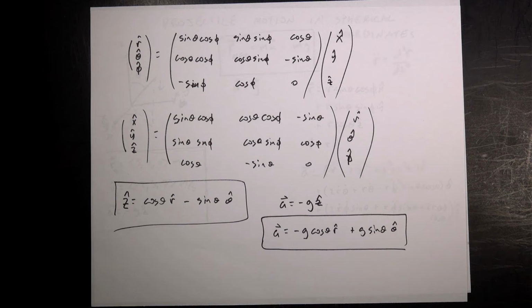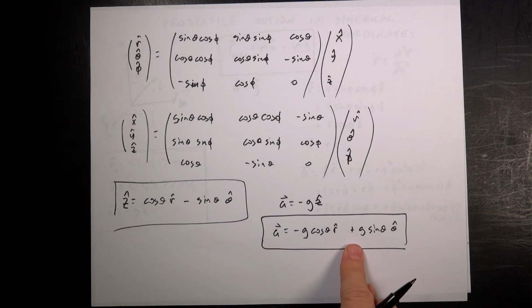Okay, so with that, wait, do I have a minus? Oh, I already made a mistake. I have g as minus g z hat. No, that's right. It should be plus. Okay. I'm pretty sure I'm going to make a mistake. I can feel it. I don't want to make a mistake.